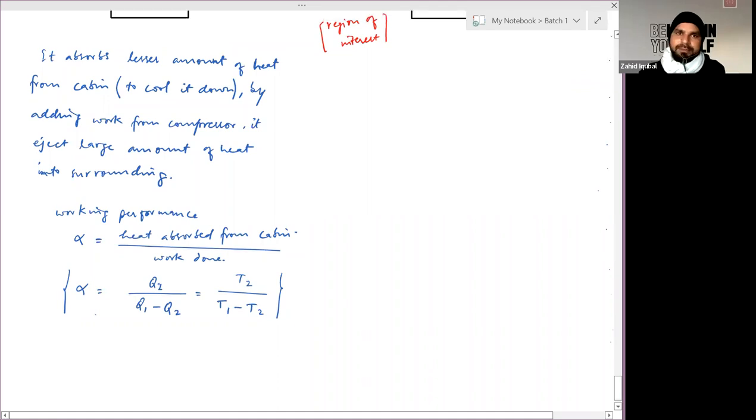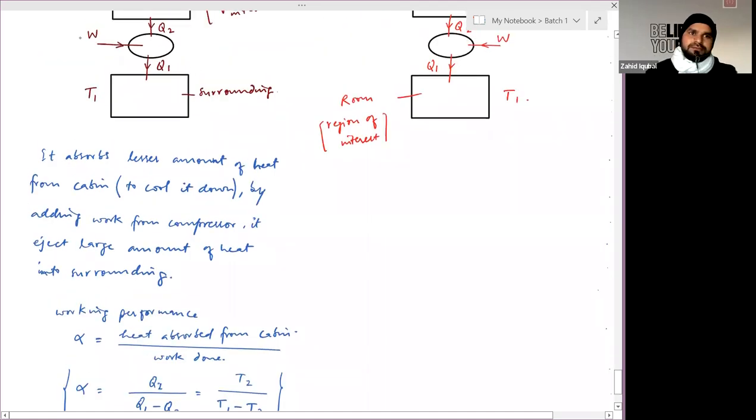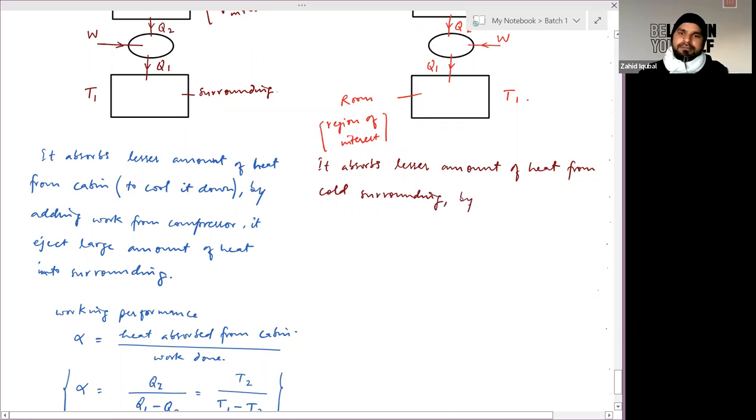In case of a heat pump, we can say it absorbs a lesser amount of heat from the cold surrounding by adding work from the compressor.